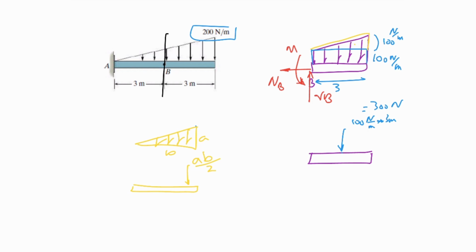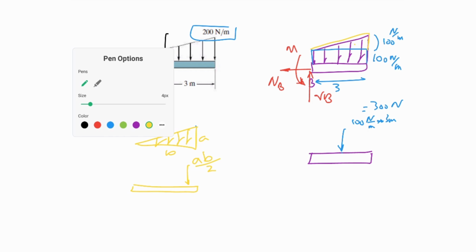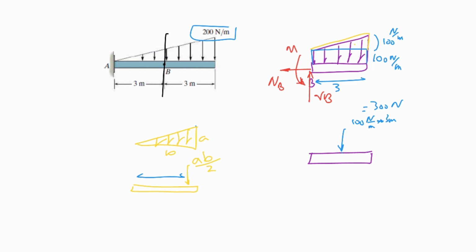This is the magnitude of the force. And the length is like this. If the total length is B, this is 2/3 of B, and this is 1/3 of B. This length.